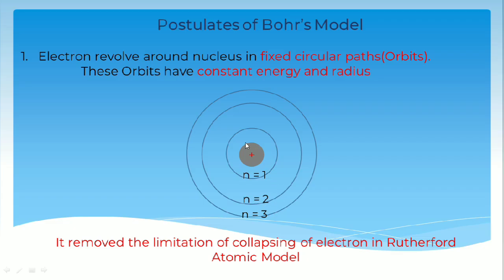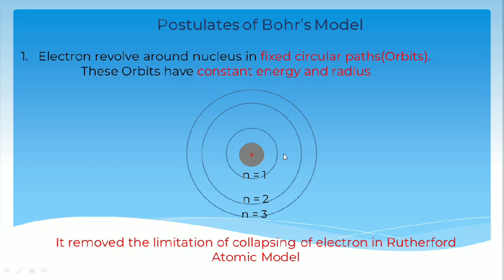Each orbit has a fixed radius and fixed energy. Therefore, electrons cannot stay between two orbits.